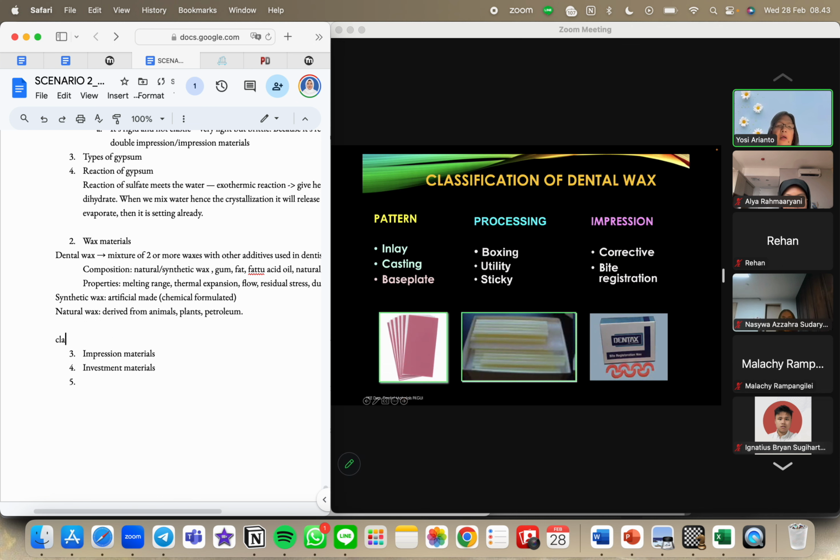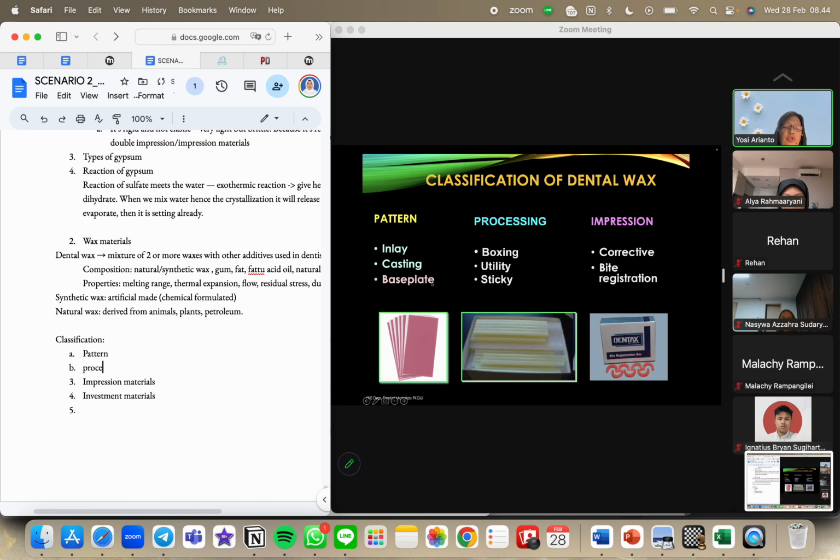We have here the pattern wax, processing wax, and impression wax. The inlay casting wax is usually used for patterns, for casting metals, but base plate wax is usually for acrylic resin.